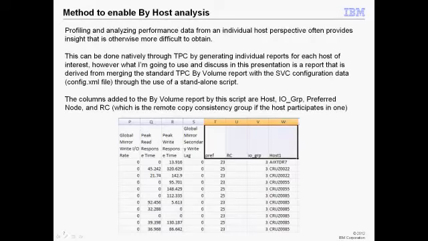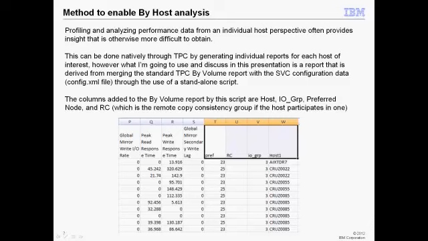As we saw from the previous chart, the aggregate cluster data rate is not very revealing. Breaking that workload out by individual host often provides much more insight. This can be done natively through TPC by generating individual reports for each host of interest. However, what I'm going to use and discuss in this presentation is a report that is derived from merging the standard TPC by volume report with the SVC configuration data through the use of a standalone script.